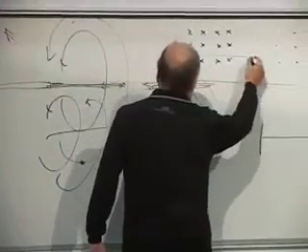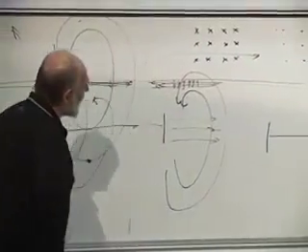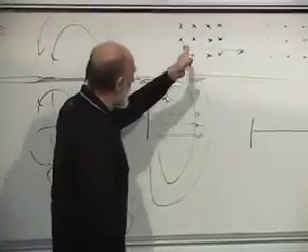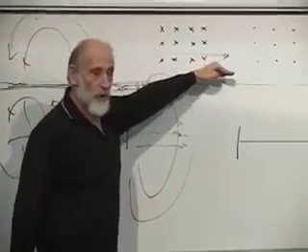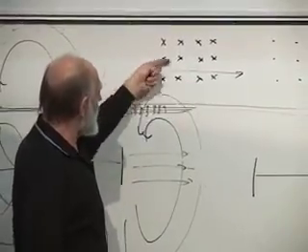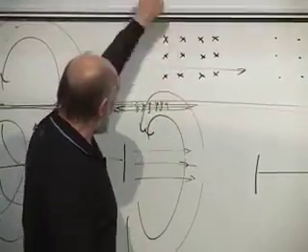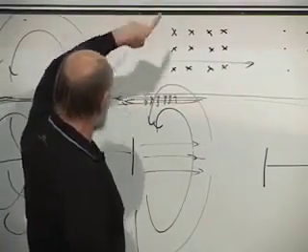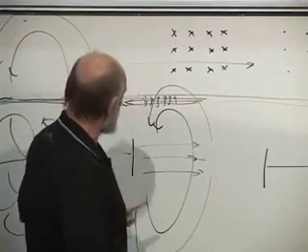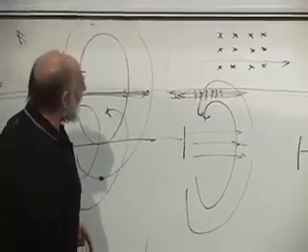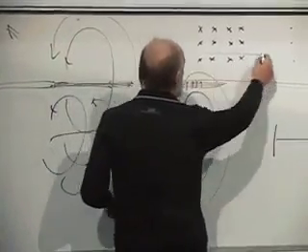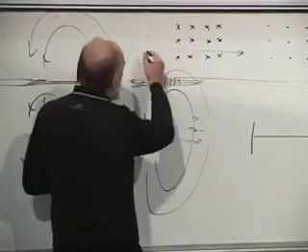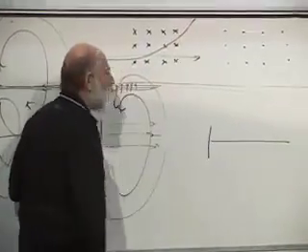If the charge is moving in this direction, then the force is perpendicular to both the magnetic field and the velocity of the charge. There's only one direction that's perpendicular to both of them, and that would be the vertical direction. Is it upward or downward, V cross B? Upward. All right, so a charged particle moving through here, if it were moving with a velocity v, would have a force on it which would bend it upward.